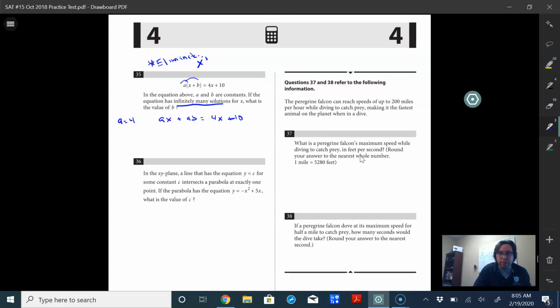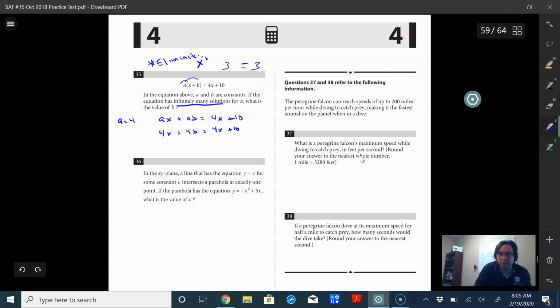And so what we want is a value where they're equivalent to each other. Remember, when there's infinitely many solutions, we know that one constant value is equivalent to the other constant value. So now this is going to be 4x plus 4b equals 4x plus 10.